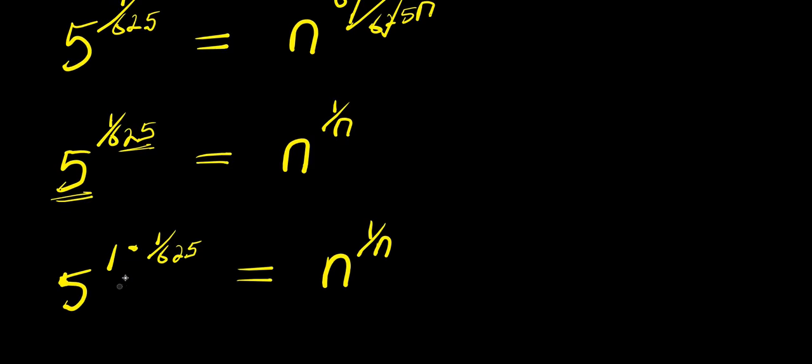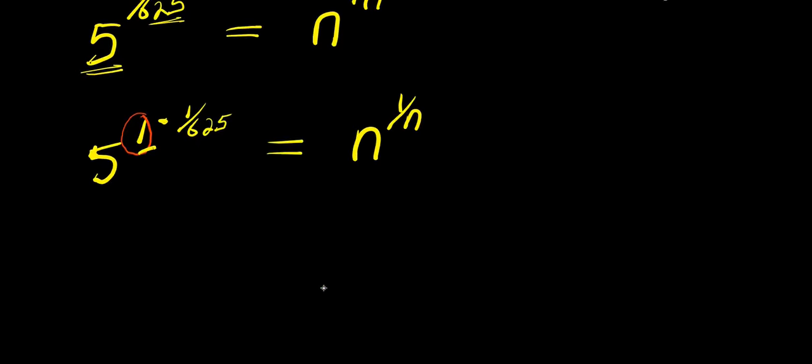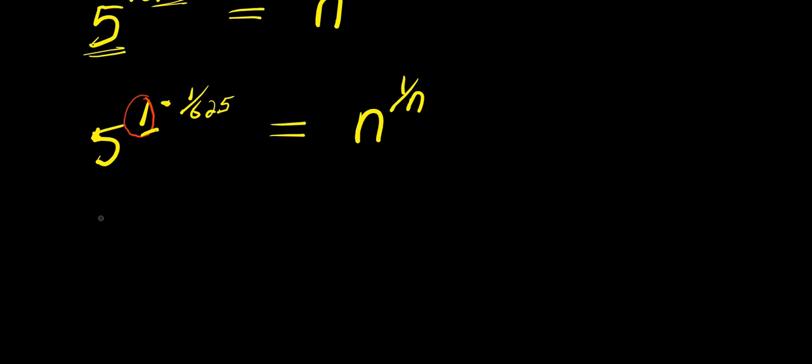Now I can replace this one here with 5 divided by 5. So I'm simply going to have 5 power 5 divided by 5 times 1 divided by 6 to 5 equals n power 1 over n.